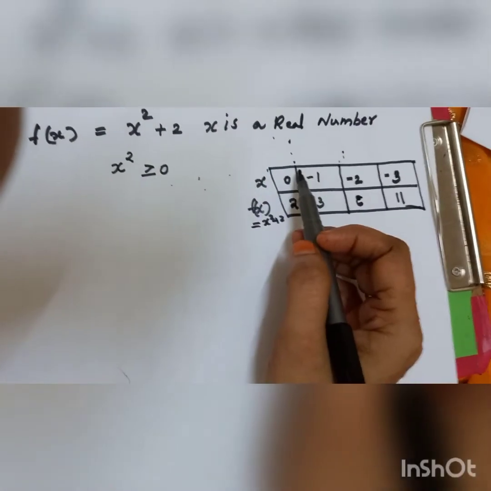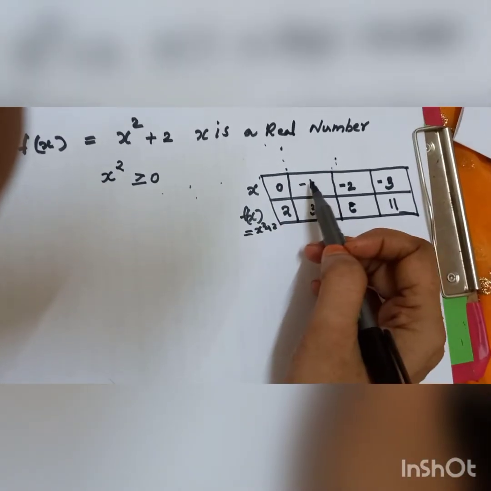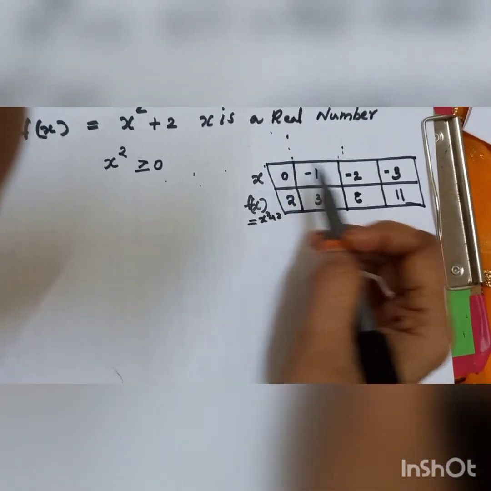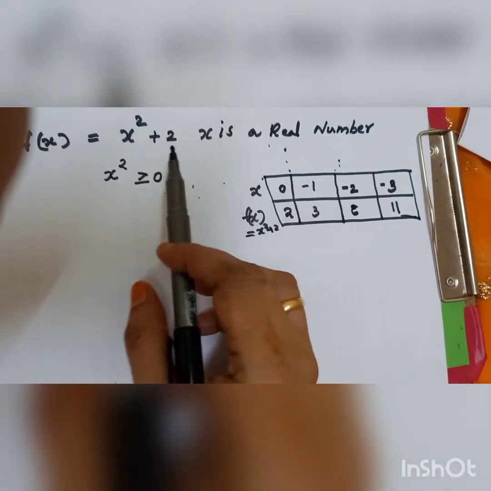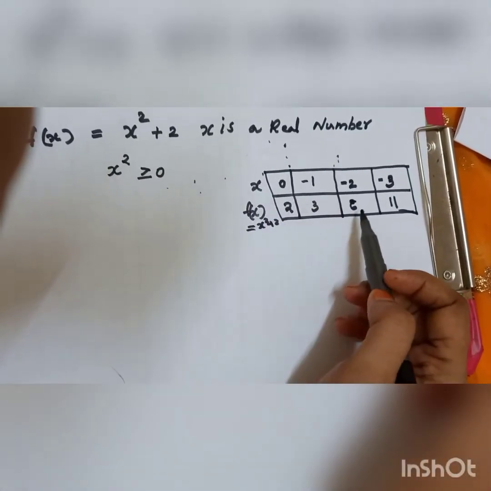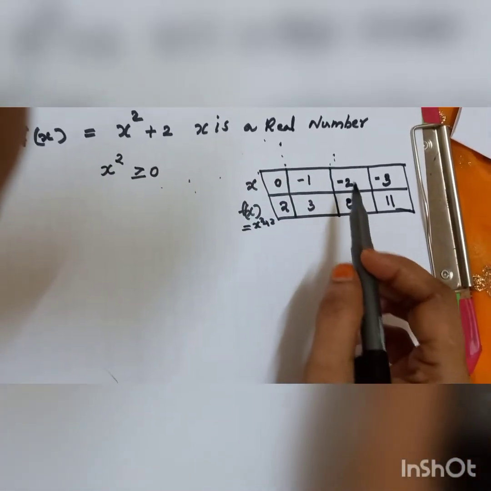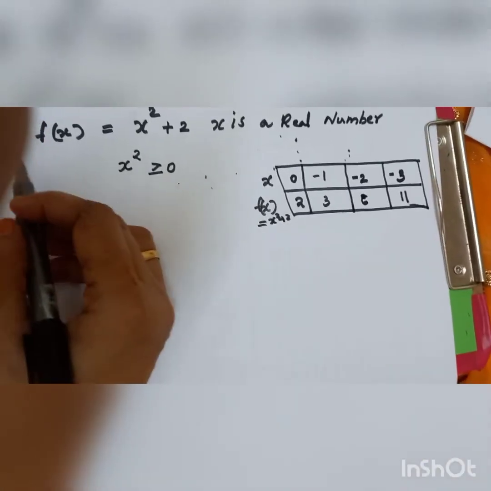If I put 0 here, I get 2. If I put minus 1 we get 3. Then minus 2, f of x is 4 plus 2, which is 6. Minus 3, 9 plus 2, we get 11.